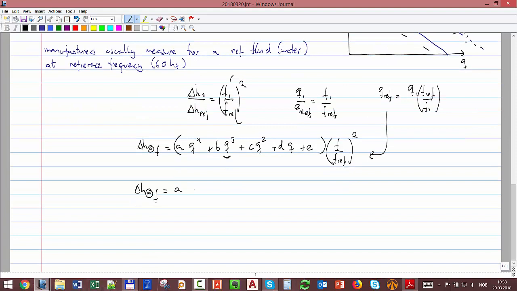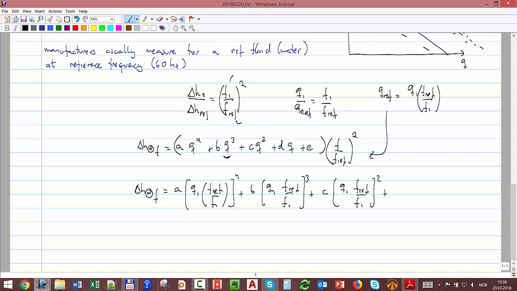So here I have A, and this will be Q1 times F ref by F1 to the 4, plus B Q1 F ref by F1 to the 3, plus C. It's good that I chose only fourth order.